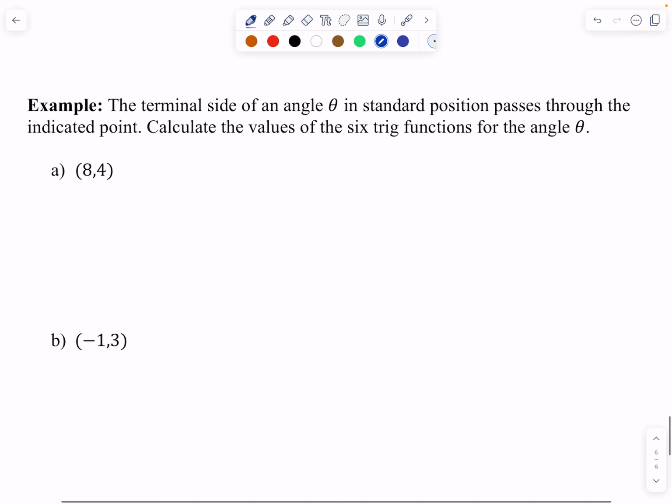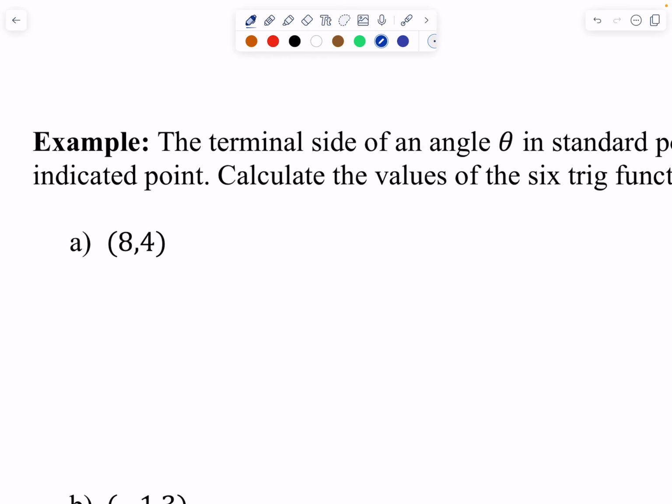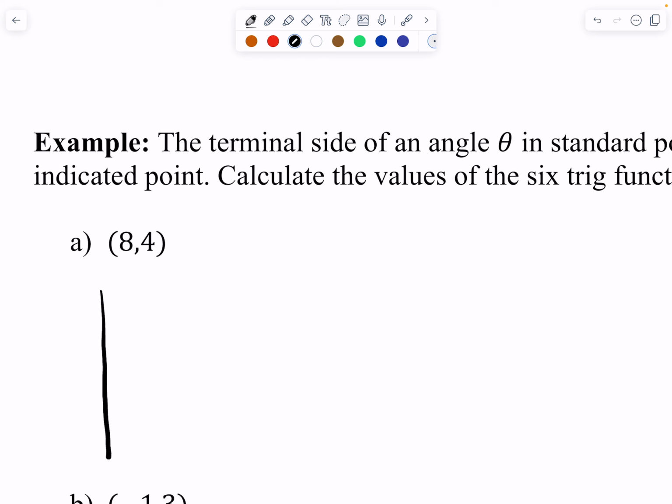So we're going to think about an angle that passes through a specific point. So like the point (8, 4) is a point in quadrant 1. So I'm going to draw the picture. I think it's very helpful to draw the picture for these. So x-axis, y-axis, and this is just a sketch. I'm going to call that 8 and that 4.